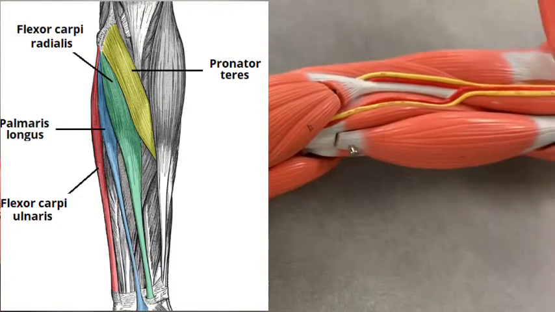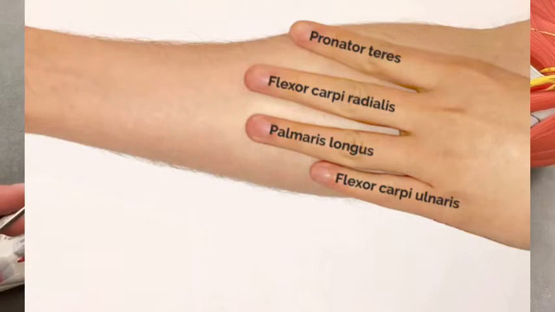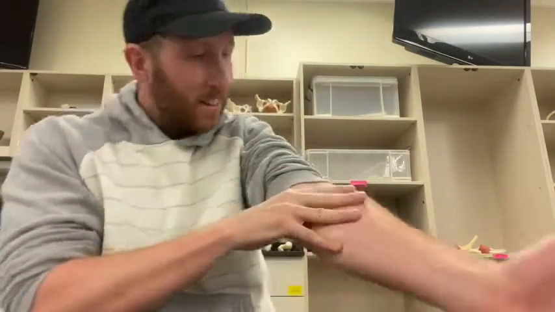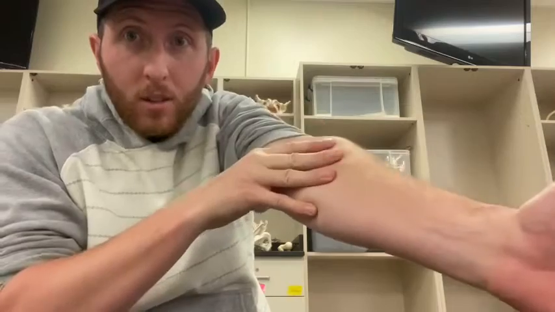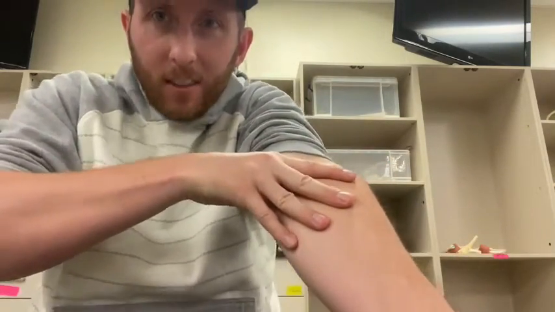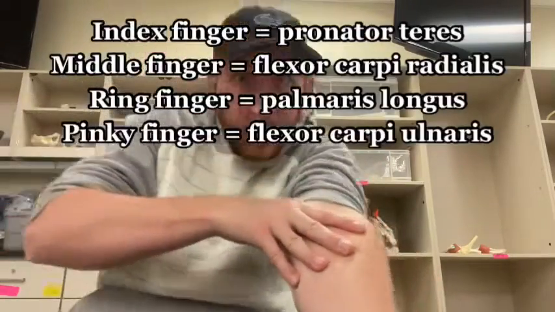Here's a picture of how to remember the 4 superficial muscles by grabbing your own elbow and putting your thumb underneath. And when you do that, you've got 1, 2, 3, 4 fingers right here. And the 4 fingers represent: the index finger, your pronator teres.